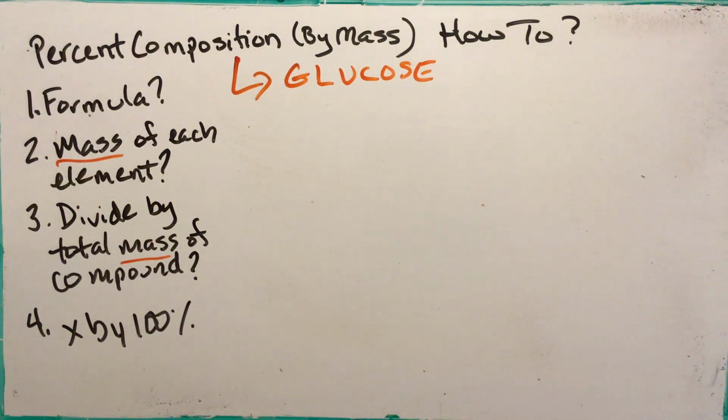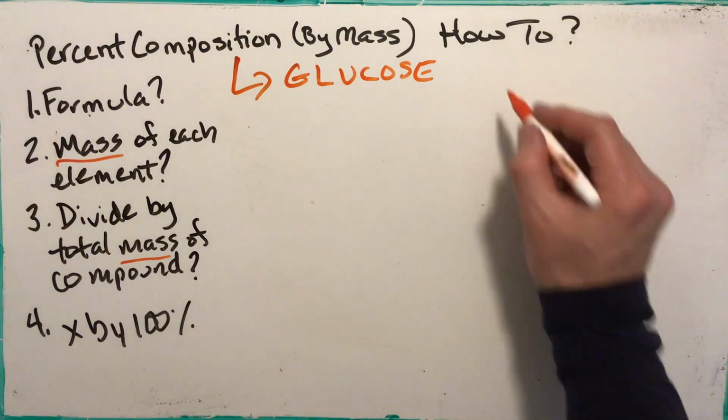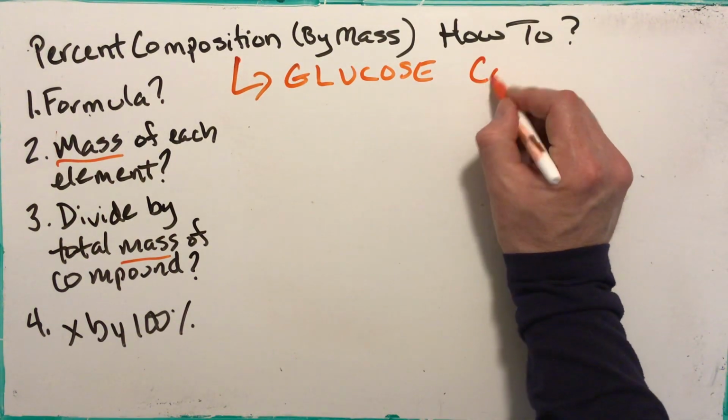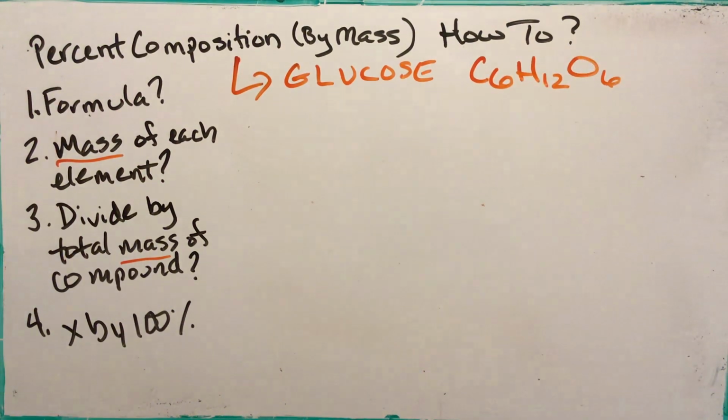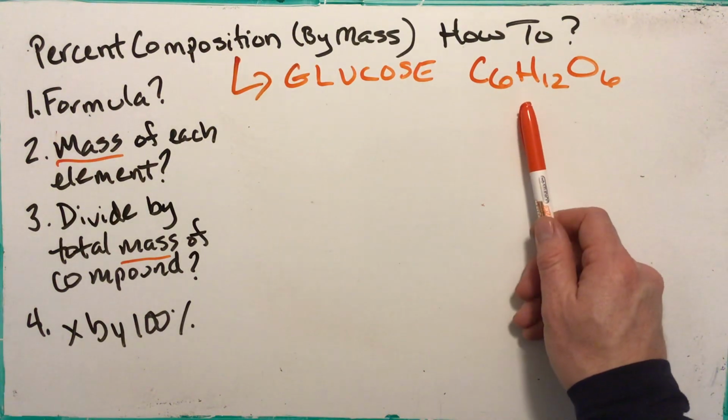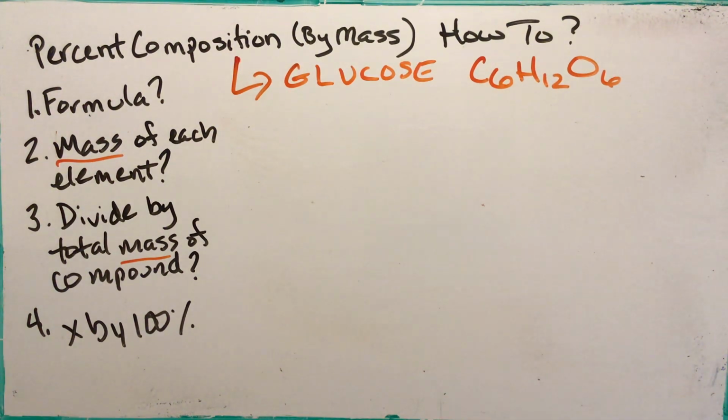So again, step 1, formula. Glucose is C6H12O6. The biology kids can help you out with that if you didn't know. So this is the sugar that plants make in photosynthesis. So its formula is C6H12O6.